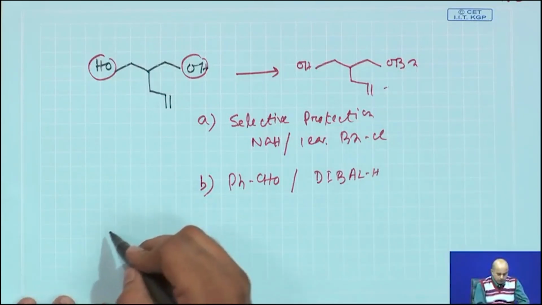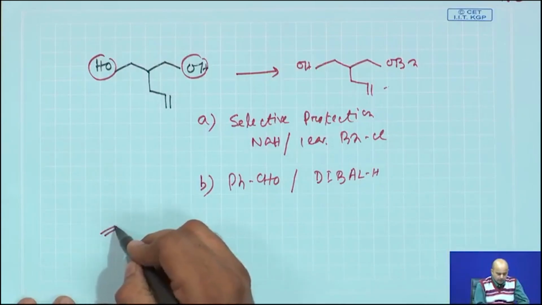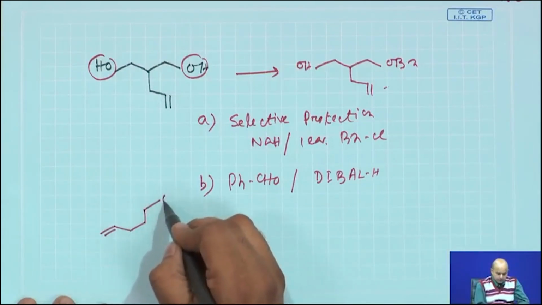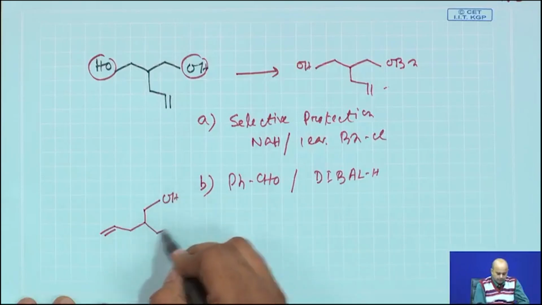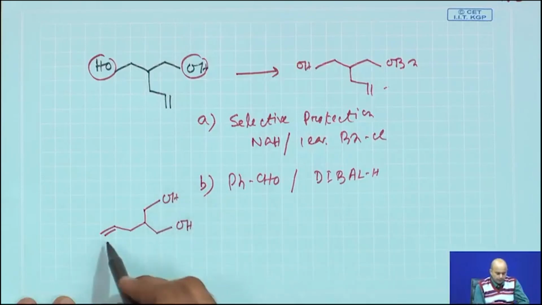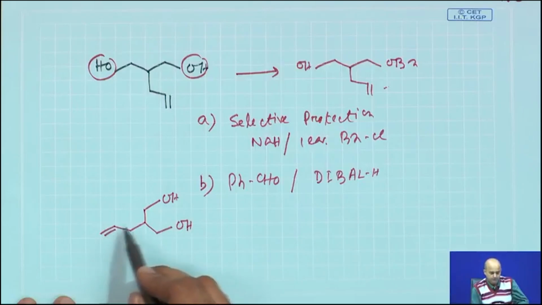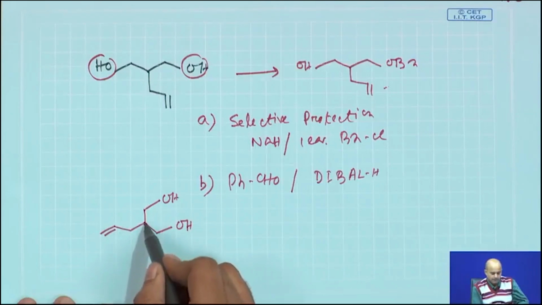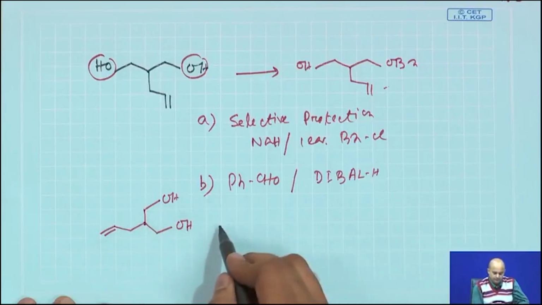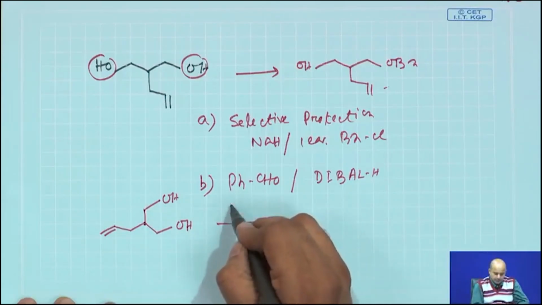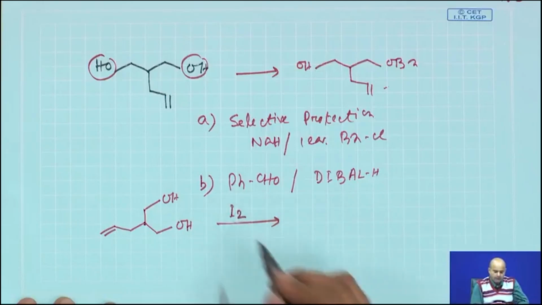Now, what am I trying to do? I will try to give you another reaction, to see whether this is also feasible or not. As this compound has an allylic part in one of its main functional groups or appendages, I am just going to treat this compound with iodine.